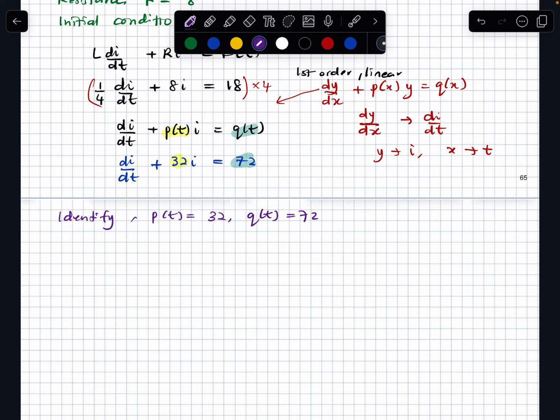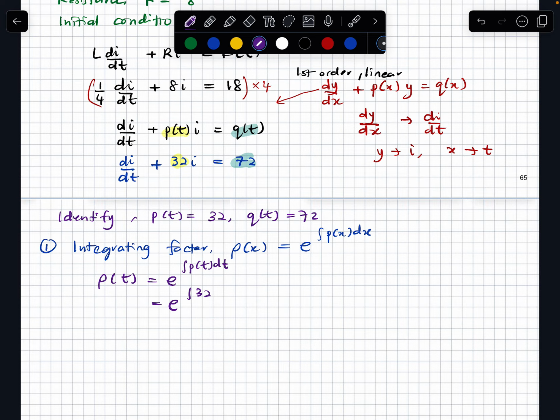So we can perform the first step in the linear technique: find the integrating factor. The original formula is rho(x) equals exponent of the integral of p(x) dx. Based on our case, we replace x with t and y with I. So you have to find rho(t) equals exponent of the integral of p(t) dt.